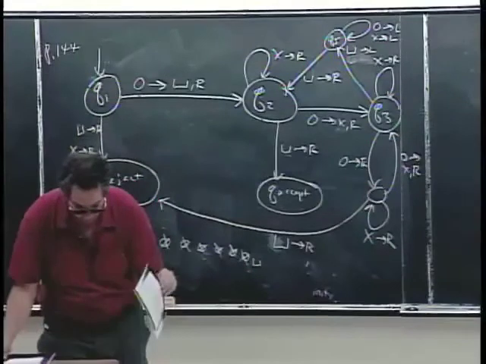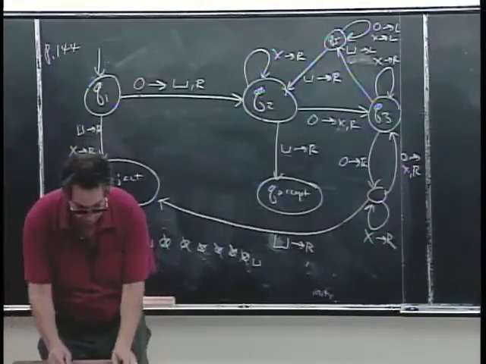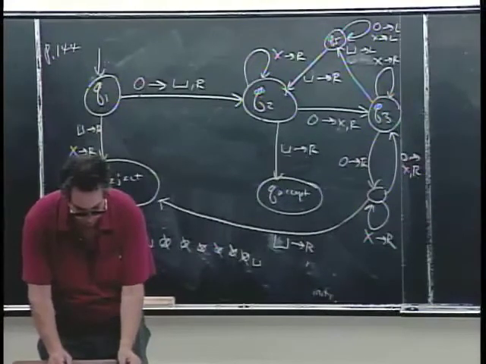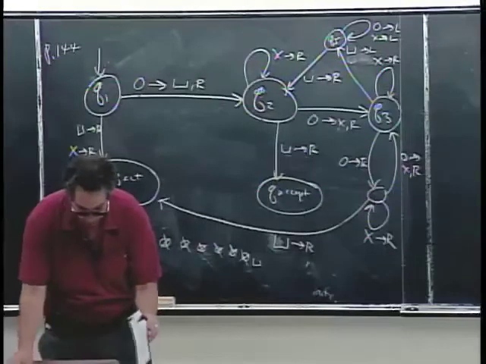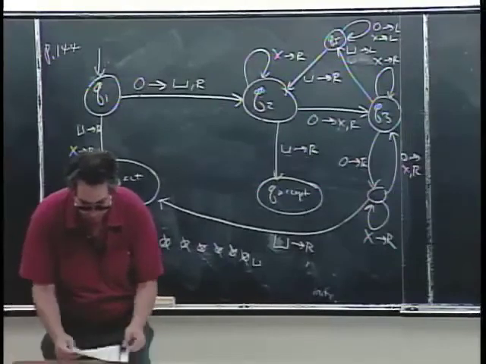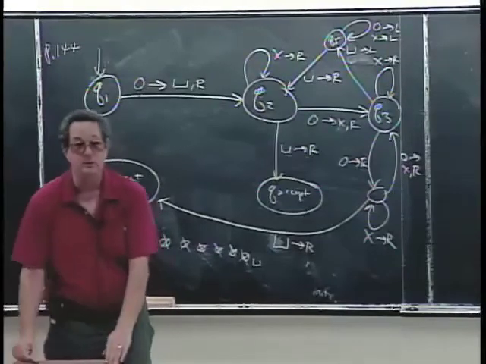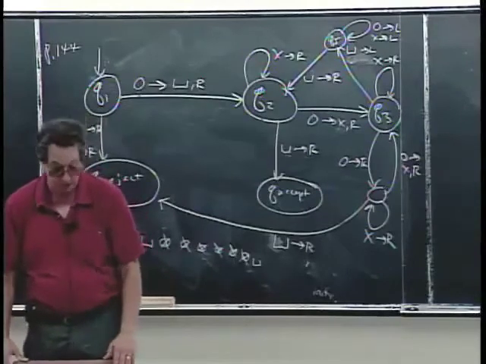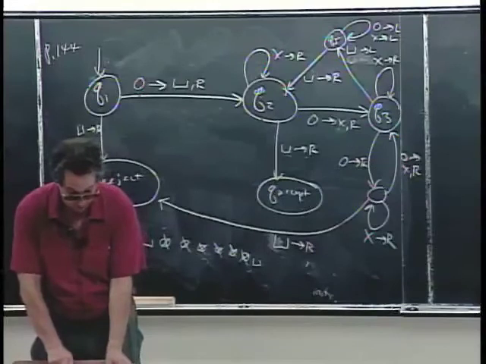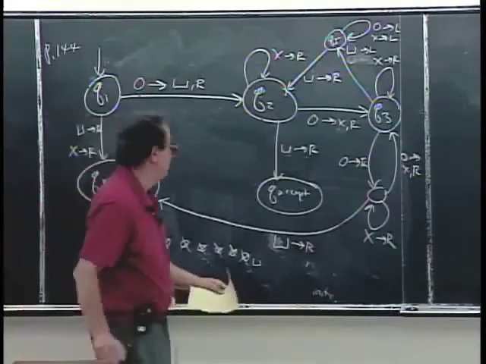Okay, what I have next is another example, but we're kind of running out of time, so I'll do the next one next time. It'll be an example of how a Turing machine can actually do some arithmetic. So let me just show you, while those pages are going around, what the next language is that we're going to look at.